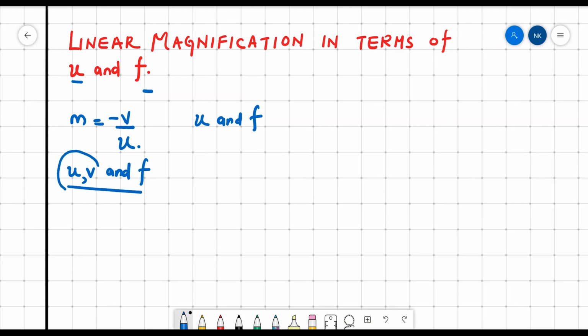Here this is object and image, and of course this is focal length.